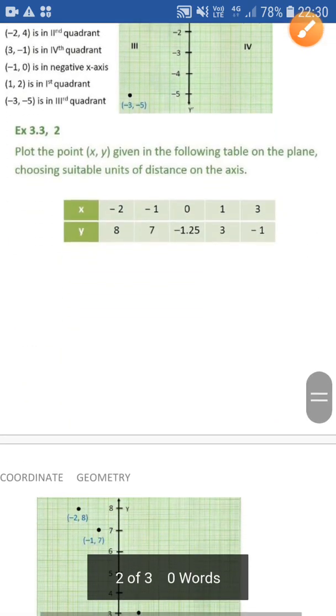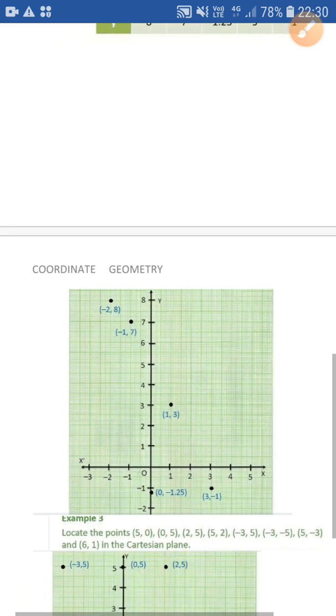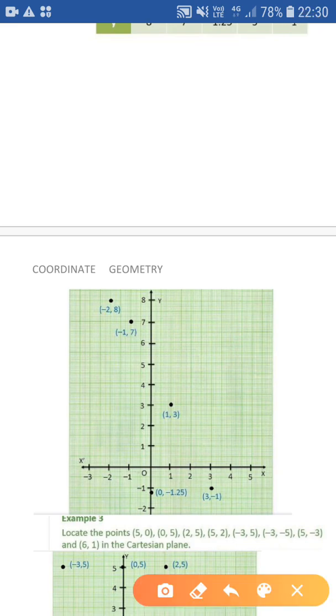Let us see. We have this graph, and again, by taking 1 unit as 1 centimeter, we have plotted this axis, and we have plotted the points here. Let us take this particular point (1, 3).